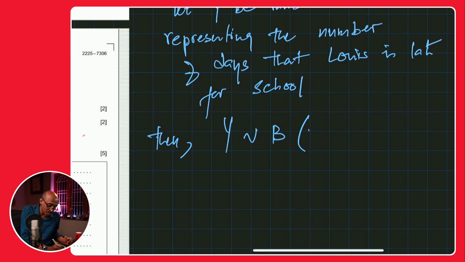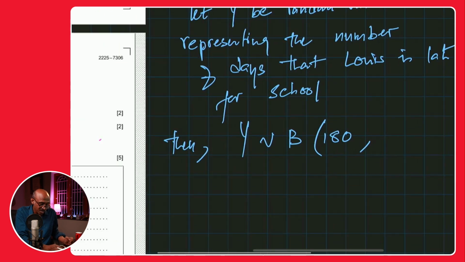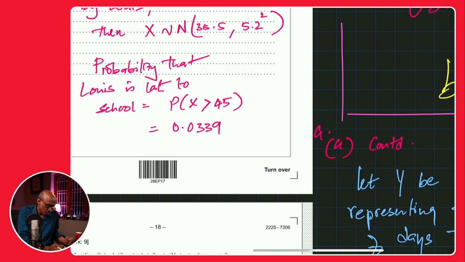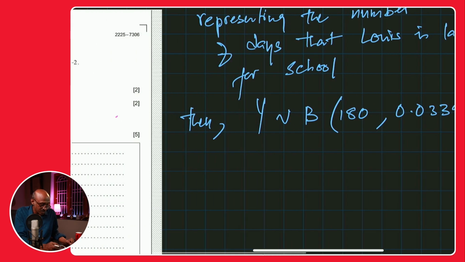N is the number of days, we're given in the question that's 180, and p is the probability of being late. So 0.0339, I'll enter it there because it's 3 SF, but I'm going to use as many digits as possible to preserve accuracy. Okay, this is important to know that we are using two variables here.